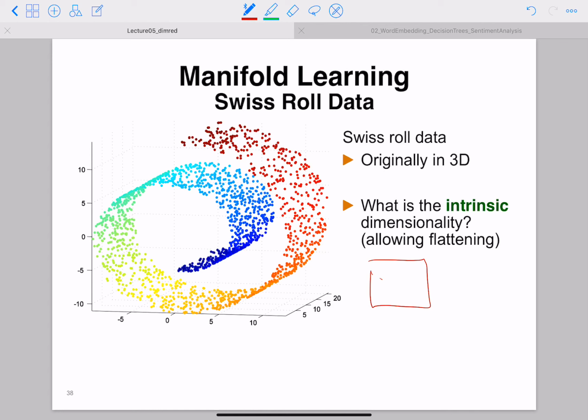For example, let's consider maybe just a 3x2 grayscale image, and we have 6 different pixels. So they are represented as a 6-dimensional feature vector, right? And then suppose our data is a collection of facial images.